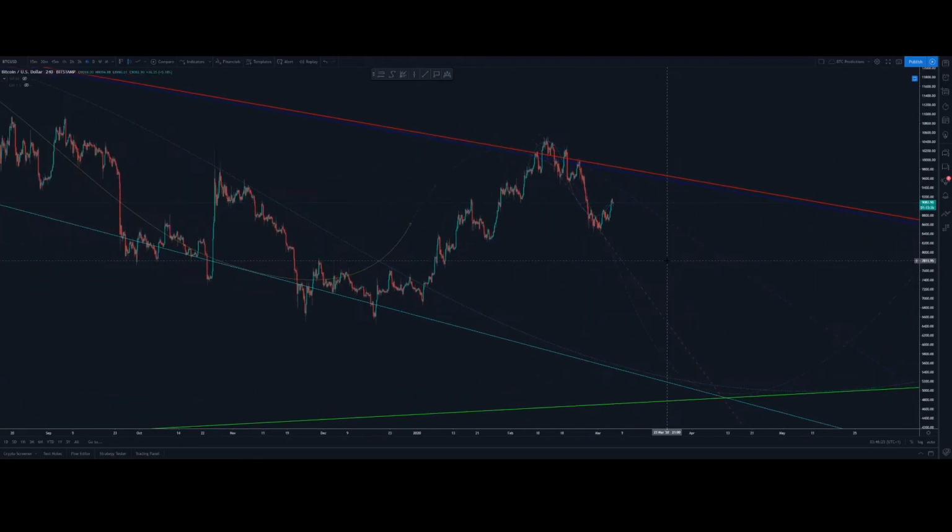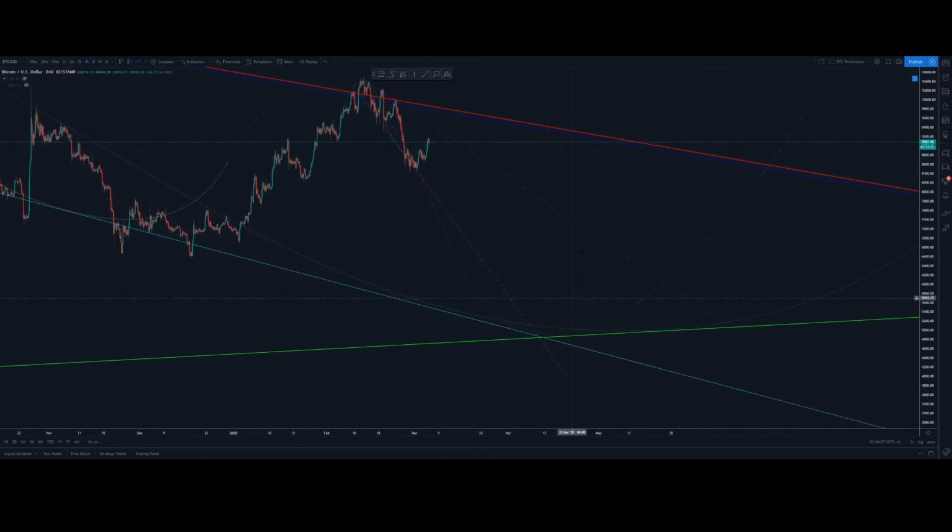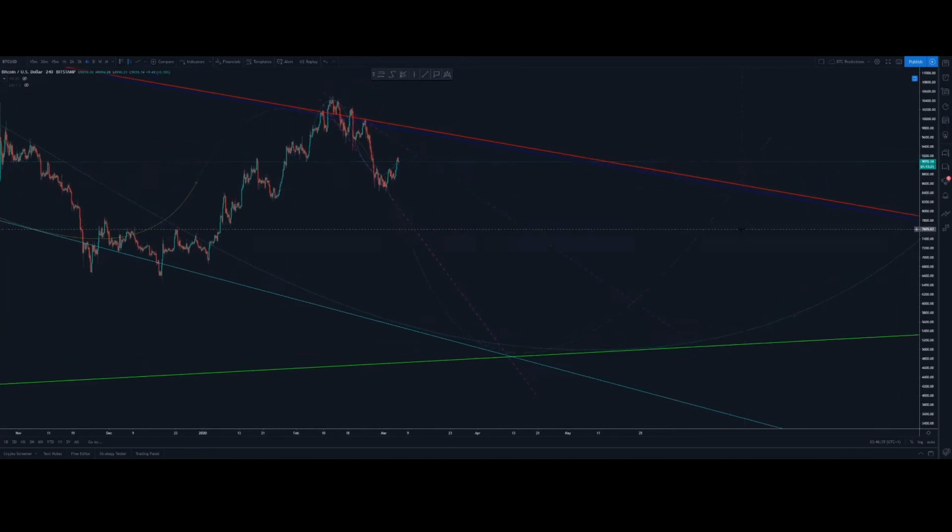So most of the time, if this plays out, this is gonna break out, reverse here, find supports here, heading towards to retest the resistance.